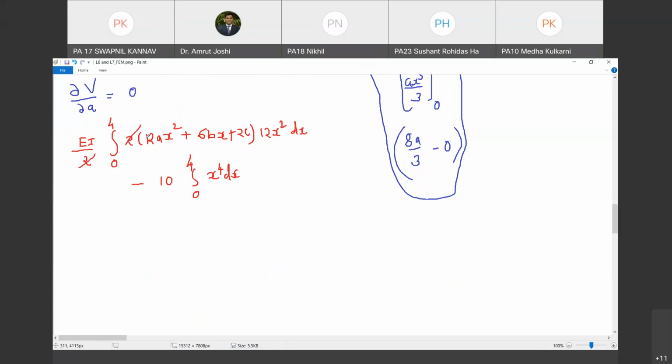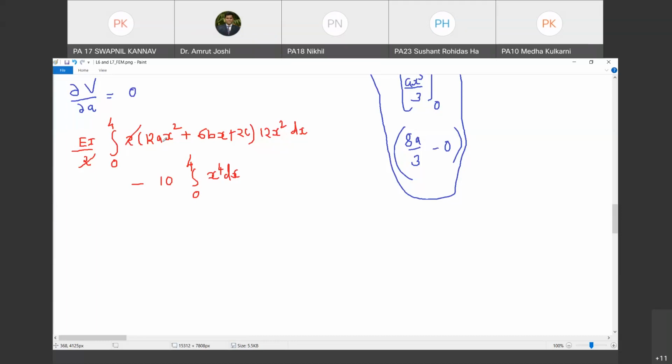So let us do the calculation now. Just 1 minute. Let me also do it with you. Now, first term, it is integration of 12ax square. So 12a can be taken outside the integration sign because it is the integration with reference to x. So what is the definite integration of x square within the limits 0 to 4?